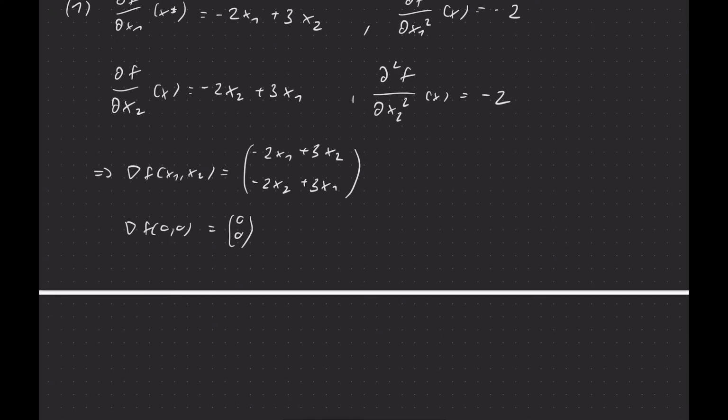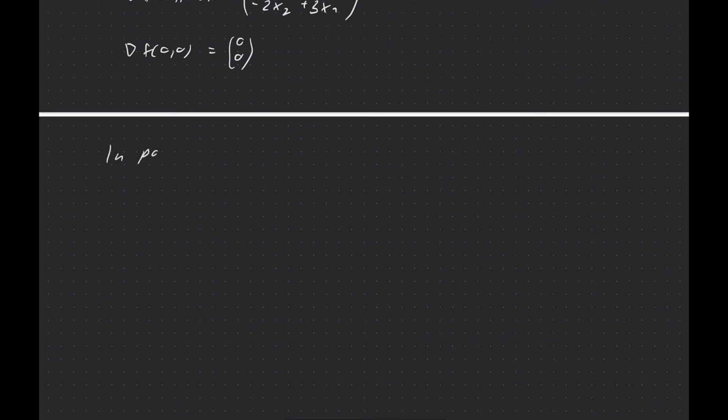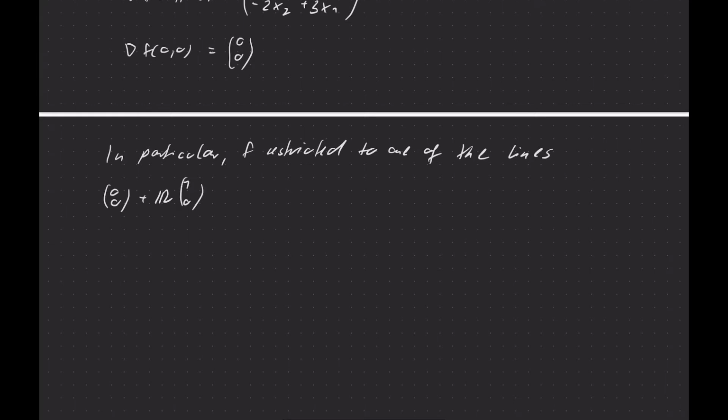Okay, so let's make a quick note of that. In particular, f restricted to one of the lines, either origin plus r times (1, 0), so that's the x1 axis, or origin plus r times (0, 1), that's the x2 axis, has a stationary point at 0, 0.